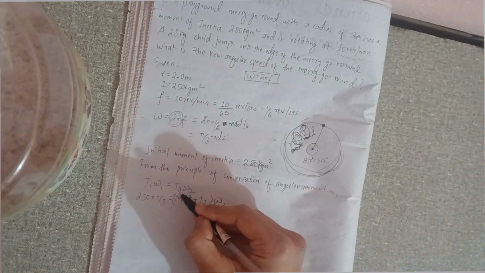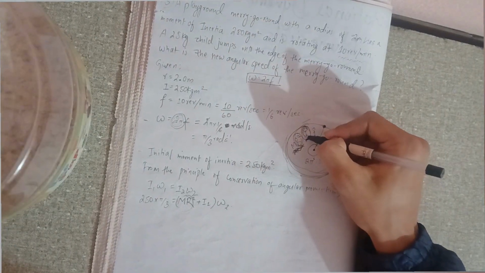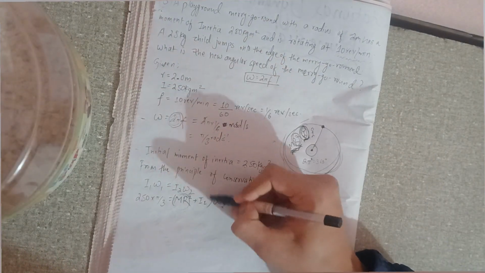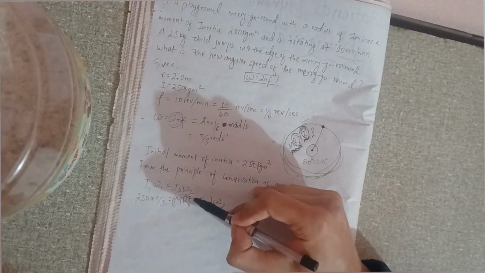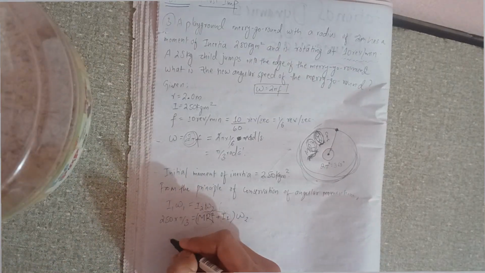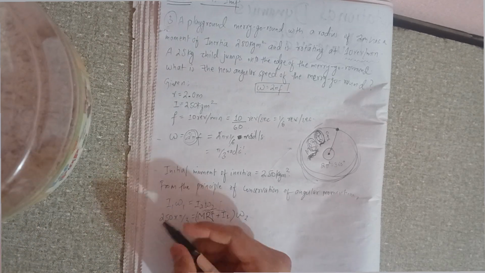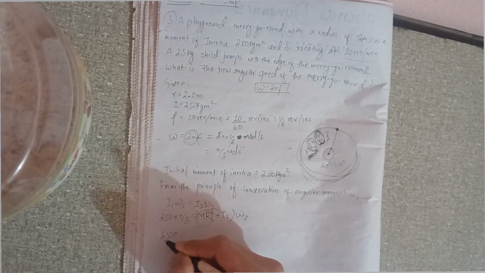So this is the inertia that was added because of the boy jumping in it, and I1 was the normal previous inertia. So you add them both to find out the new inertia, and that will be 250 pi by 3.